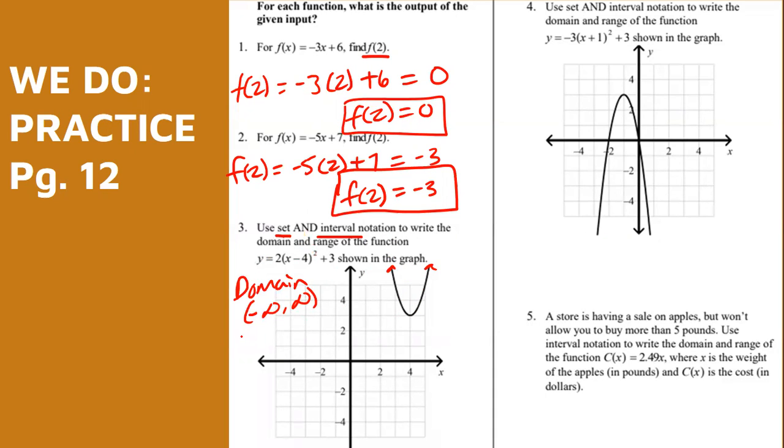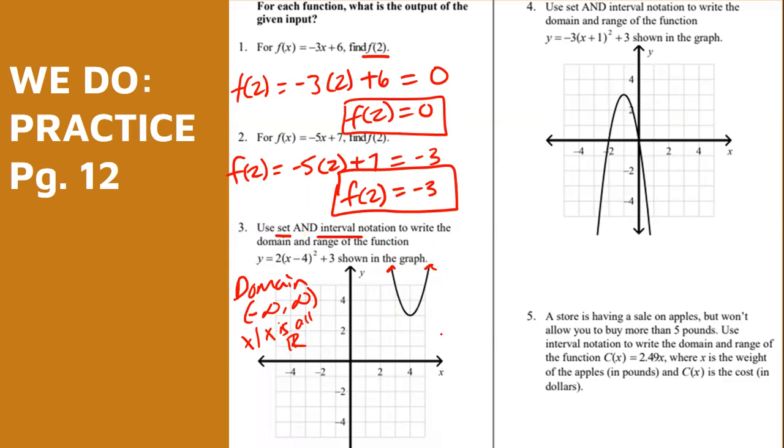My set then would be x, and that is x is all real numbers. Okay. And that's because it's a continuous function that never has a starting or stopping point, right?